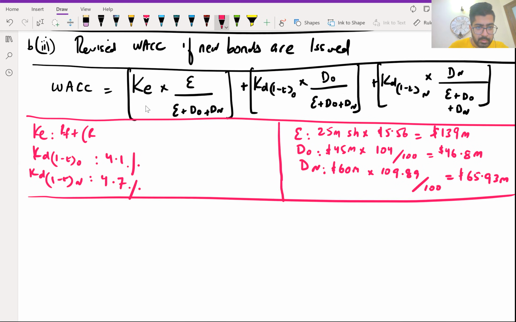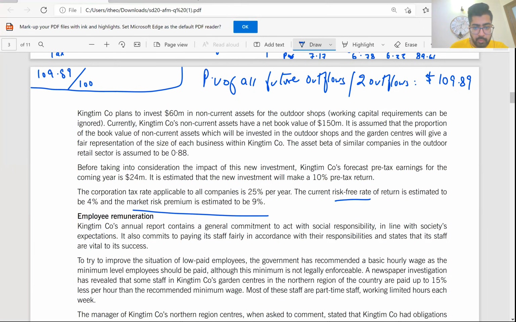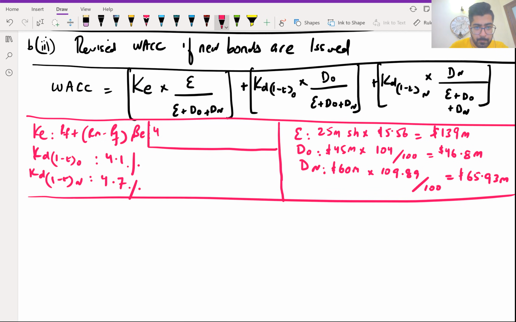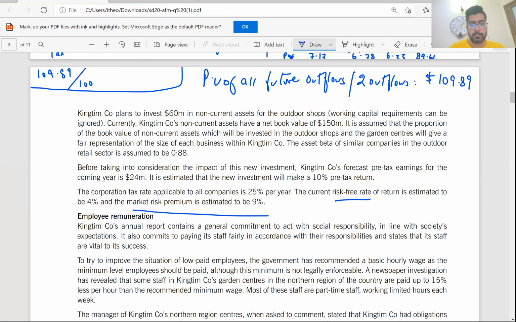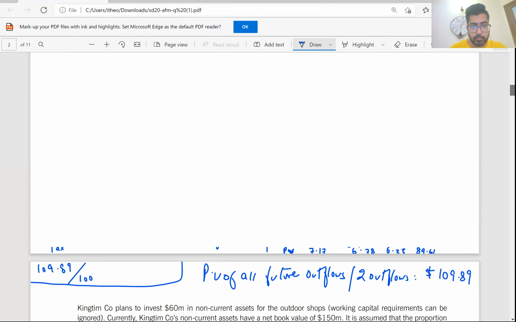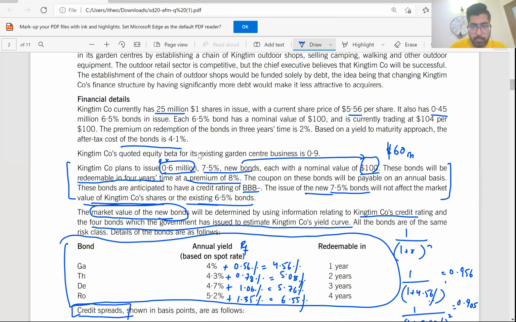So if we check it, the risk-free rate is 4% plus the RM minus RF premium of 9% times beta equity. You might argue that beta equity was given, which we used previously, 0.9, but this is where the problem gets created.